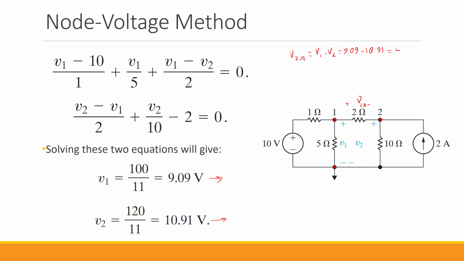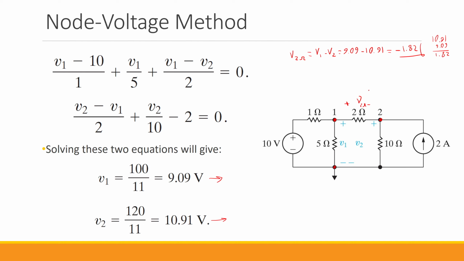It's going to be negative. 10.91 minus 9.09 is 1.82. So the voltage across this 2 ohm, considering this polarity, is going to be negative 1.82 volts.